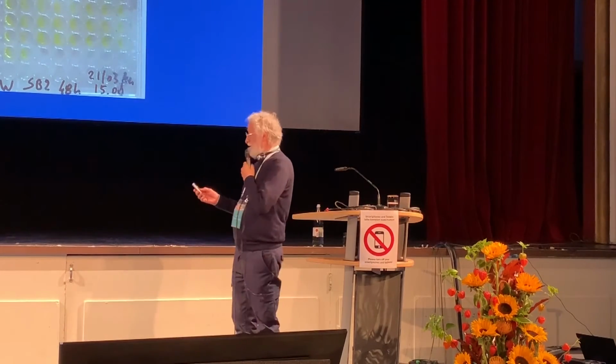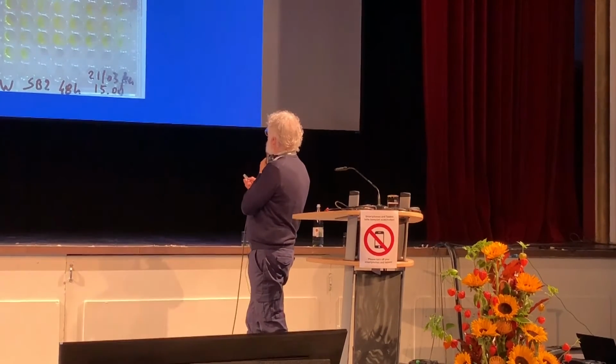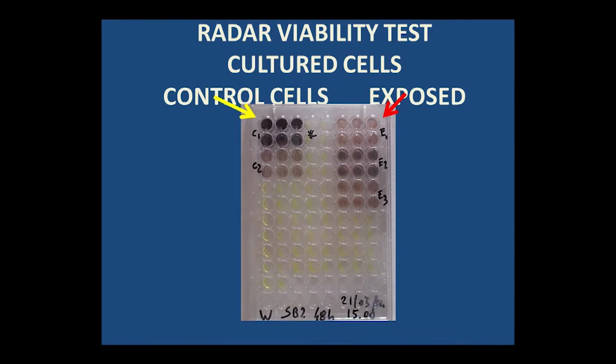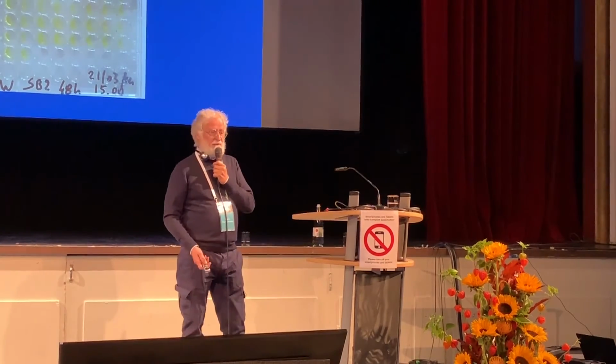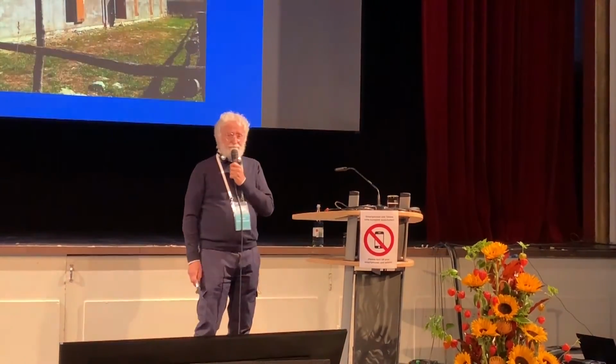As you see in these preparations, you can see the control cells which are in dark wells, and the exposed cells which have not metabolized the staining, so they are dead. This is an example of the experiments we can do.